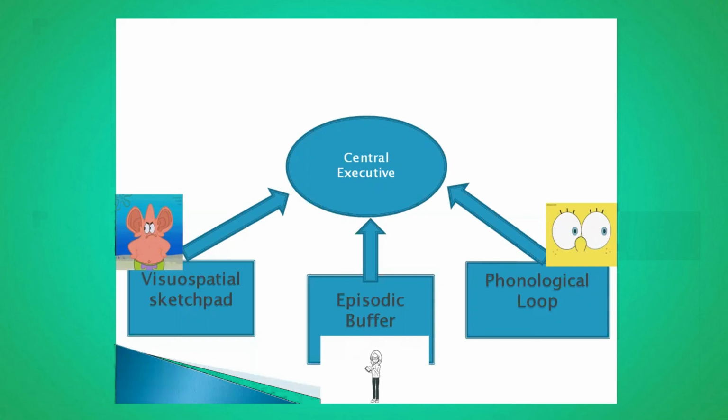We process verbal and textual information through the phonological loop. We process spatial and visual information through the visual spatial sketchpad. And we bind it all together using the episodic buffer. All of that information is encoded to and retrieved from long-term memory. That's all. Thank you.